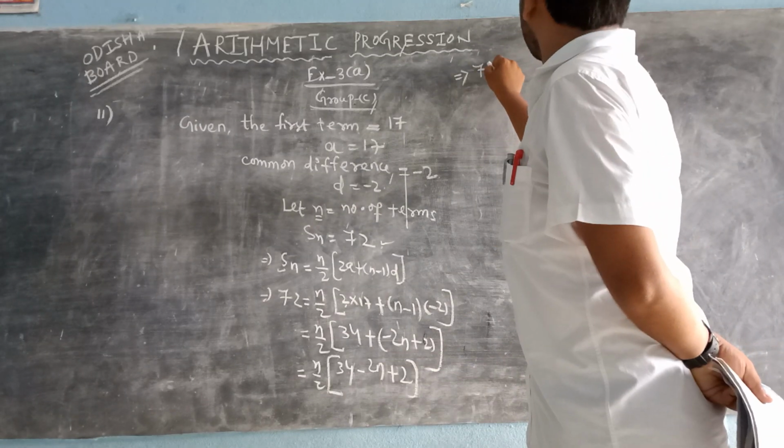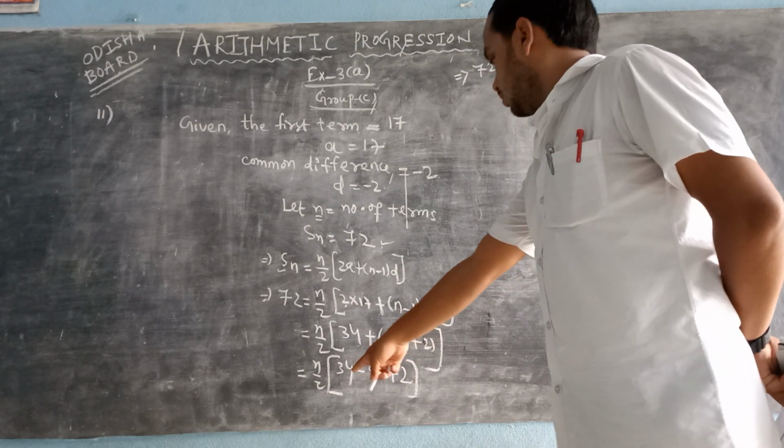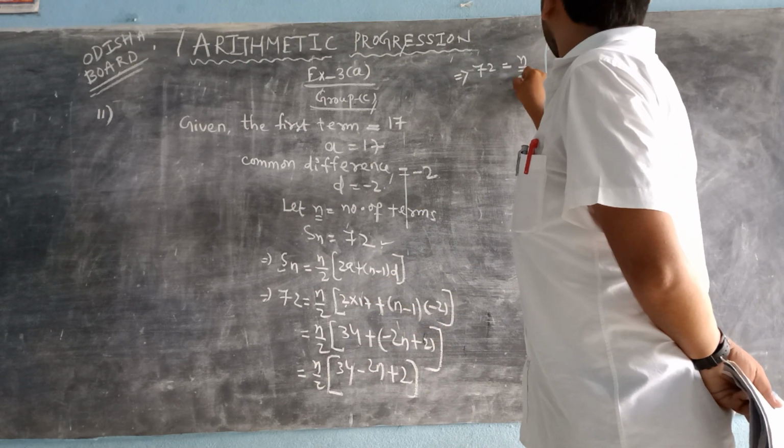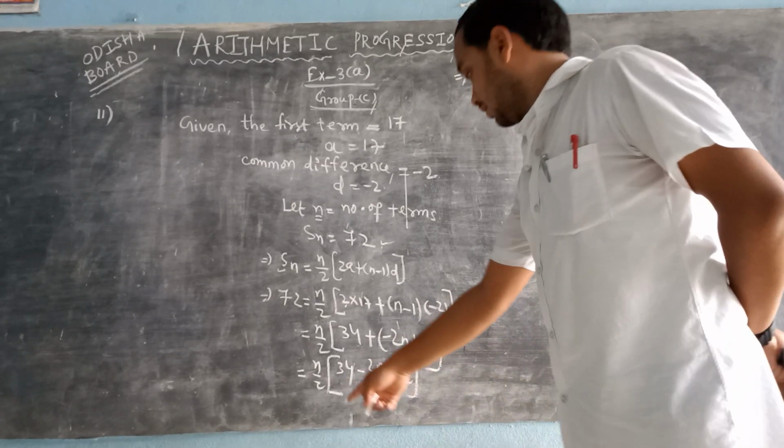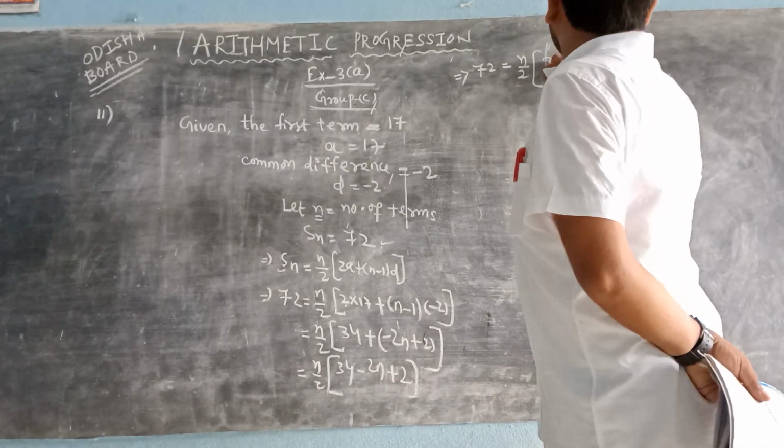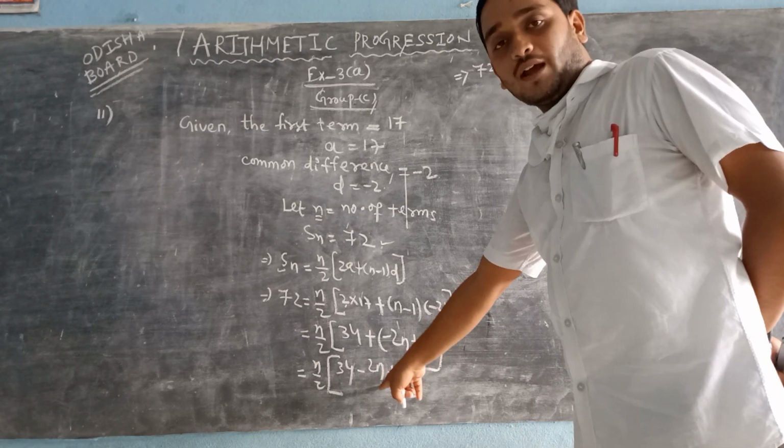72 is equal to n by 2, 34 plus 2, how much? 34 plus 2 means 36, then minus 2.